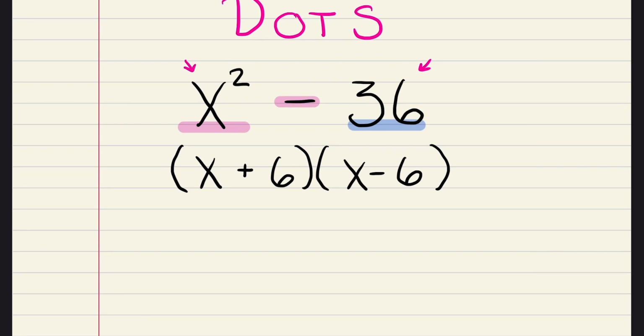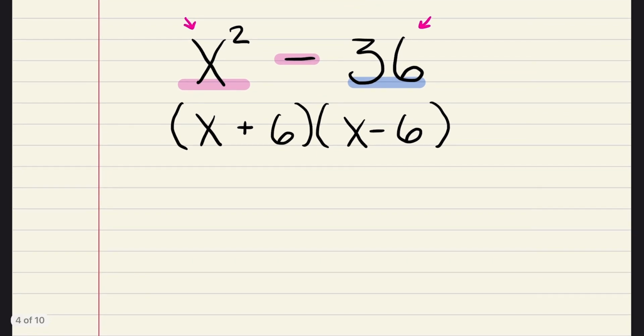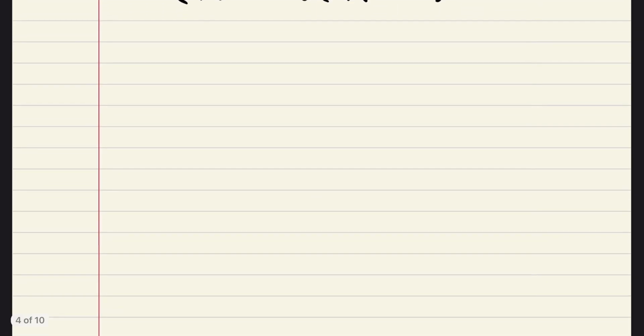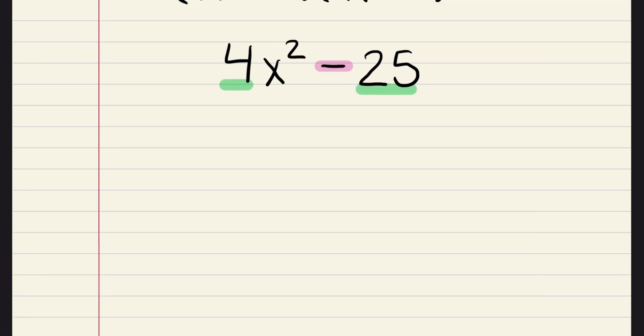Let's take a look at a couple of examples. If I was to make this a little bit more complicated, such as 4x squared minus 25. This is still a difference of two perfect squares because they're separated by subtraction. Both the 4 and the 25 are perfect squares, and this x squared is a perfect square.